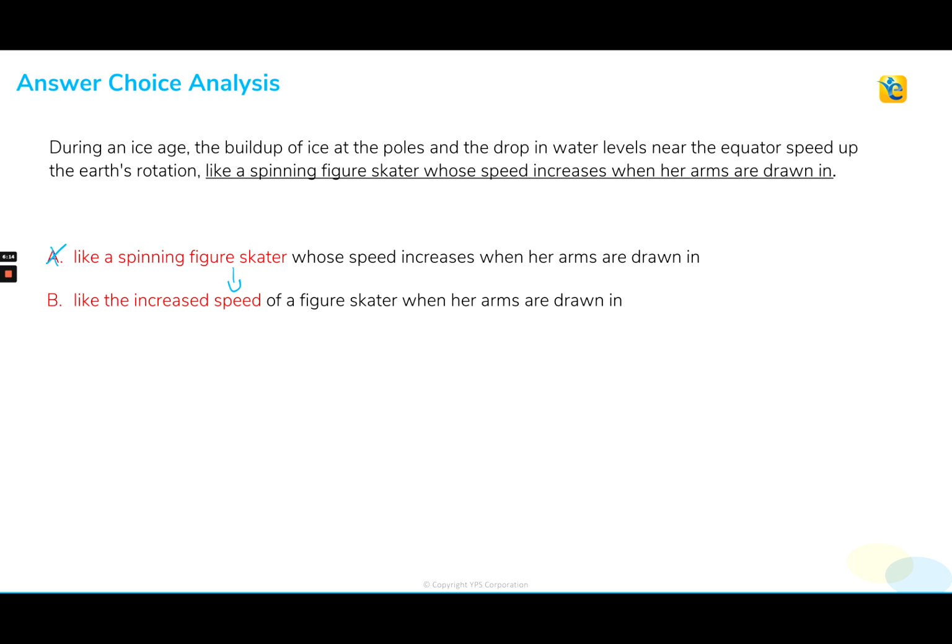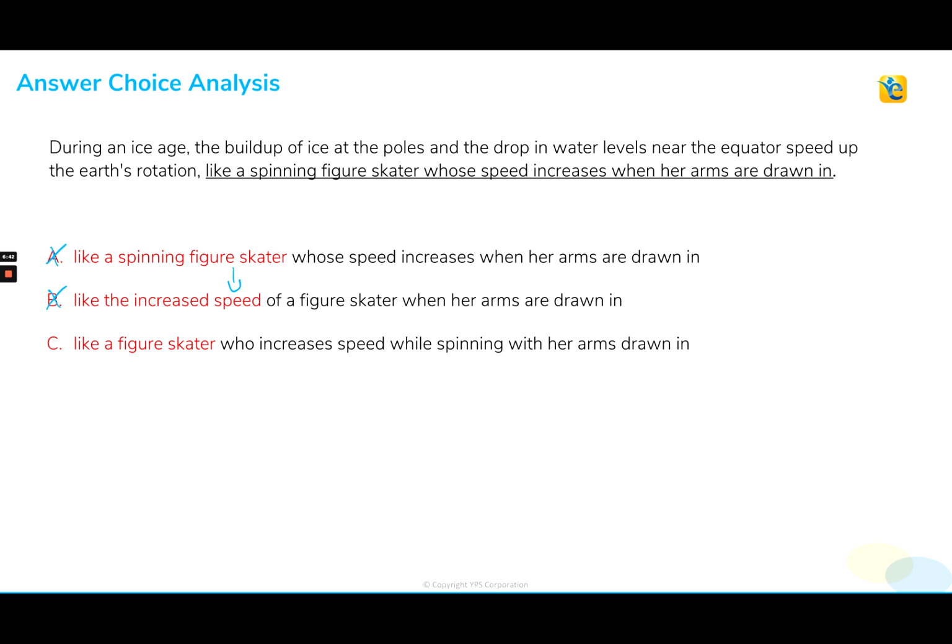In addition to repeating that original error, option B is completely removing the word spinning from the sentence. It's not used anywhere in this choice. Now, this word removal leaves us with a slight meaning change because the essence of the spinning figure is inherently needed here in order for the comparison to be communicated properly. So we're going to go ahead and reject choice B, and we're going to move on to choice C.